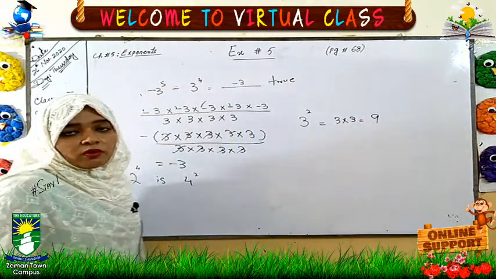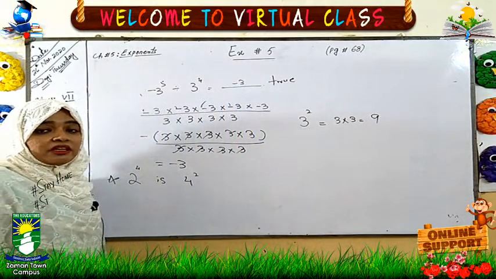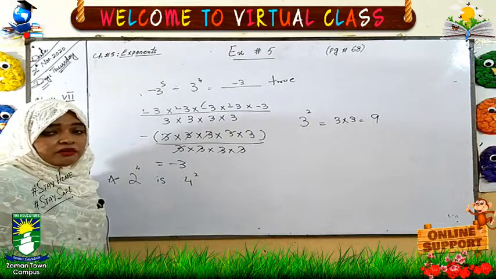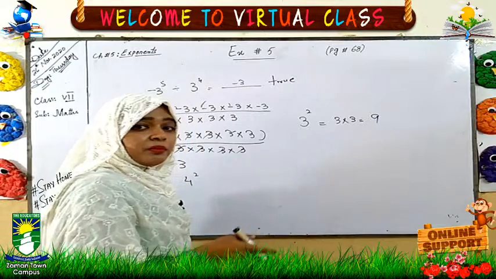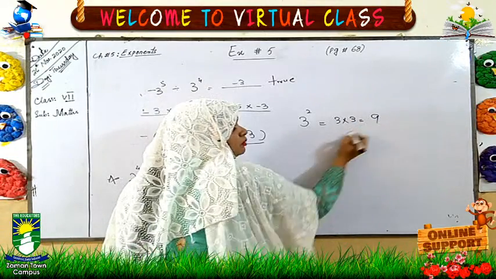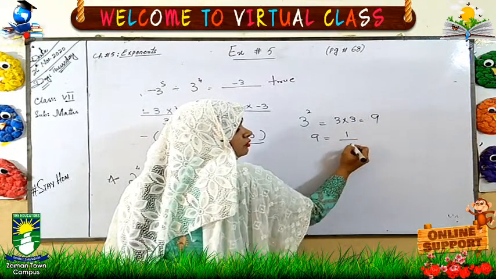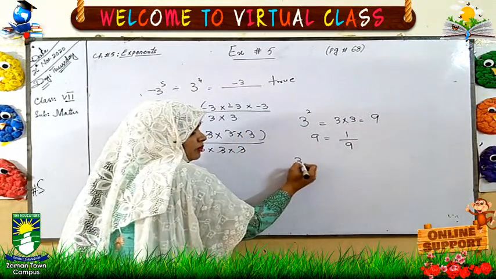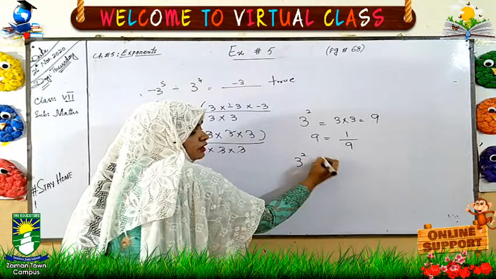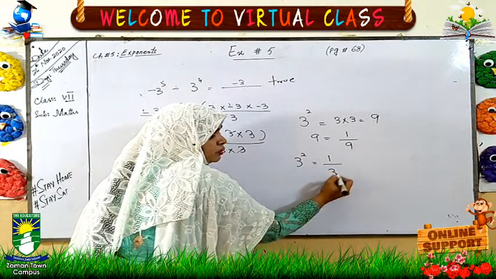What is reciprocal? Reciprocal means the multiplicative inverse, as we read in our previous chapter 3. So what is the multiplicative inverse of 9? 1 upon 9. Now keep it in mind, the multiplicative inverse of 3 power square is 1 upon 3 power square.